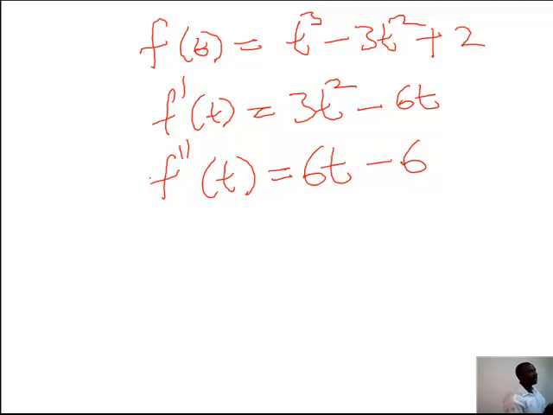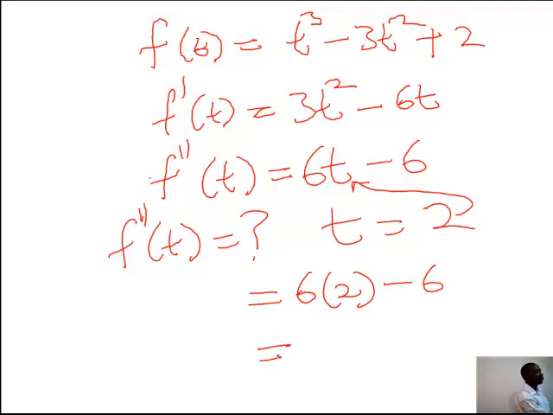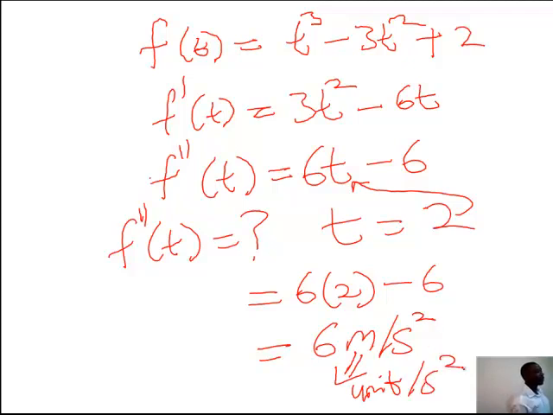Since we've gotten this value, we should find the acceleration, that is the second derivative, when t equals 2. So we just substitute the value of 2 into t. So we have 6 multiplied by 2 minus 6. So we are going to have 6 meter per second square, or rather, depending on the unit being used, we say unit per second square.